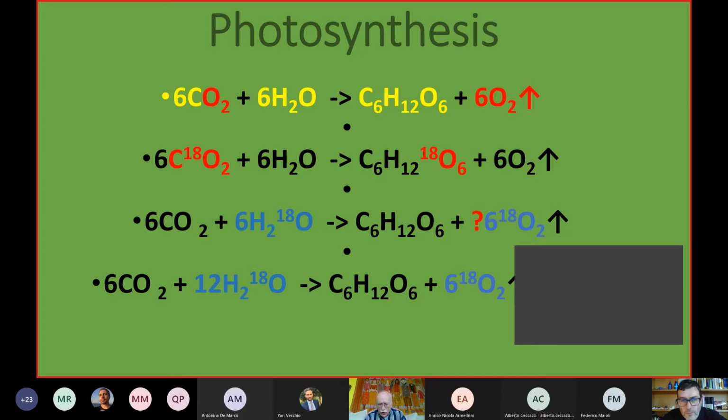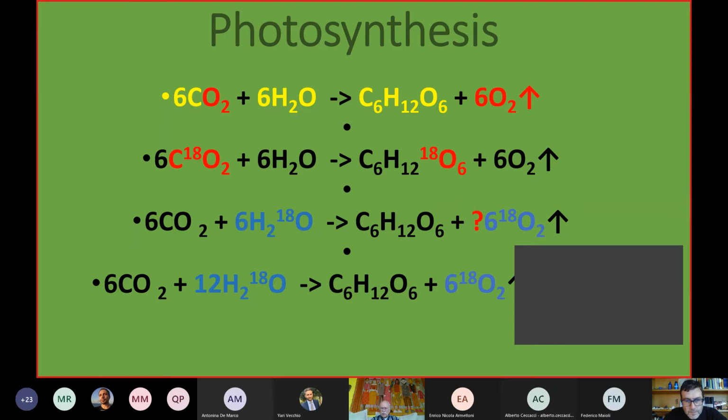The problem came with the advances in the availability of stable isotopes. Now, if we take carbon dioxide where the oxygen is of the stable isotope oxygen 18, and we turn the lights on, we discover to our surprise that the oxygen is not emitted.